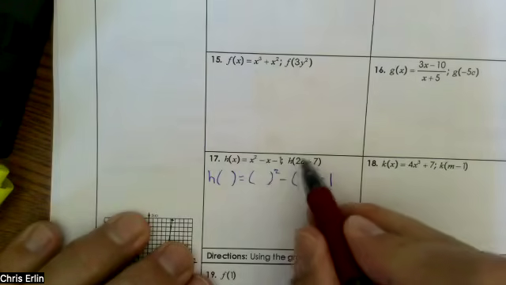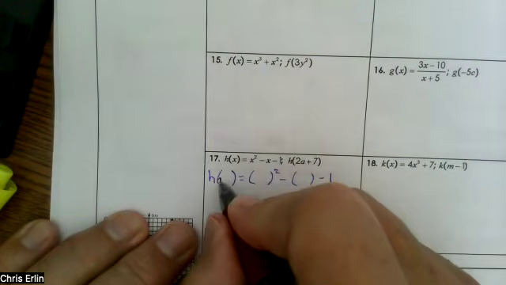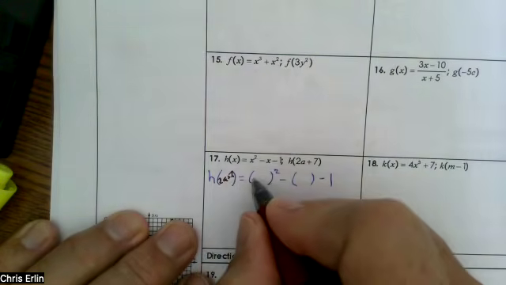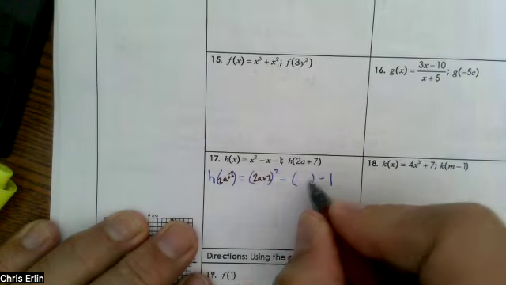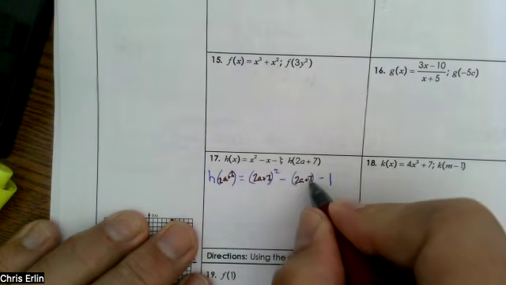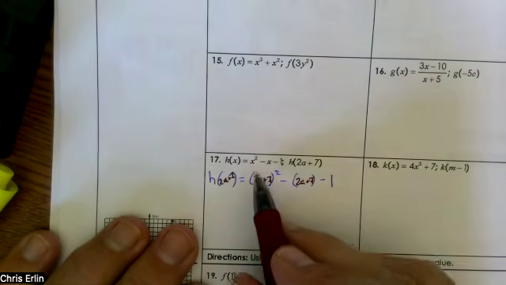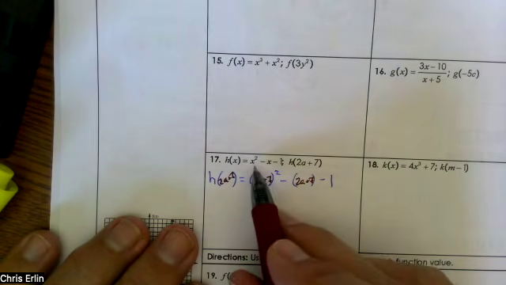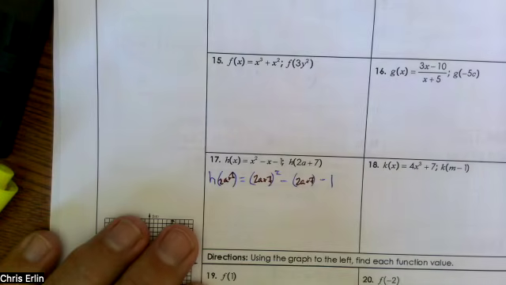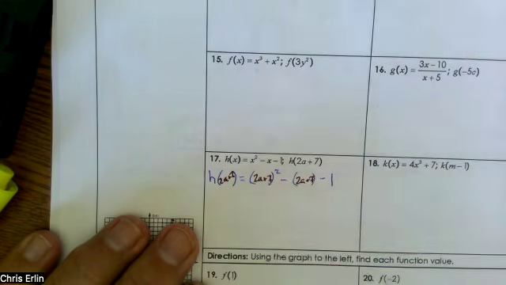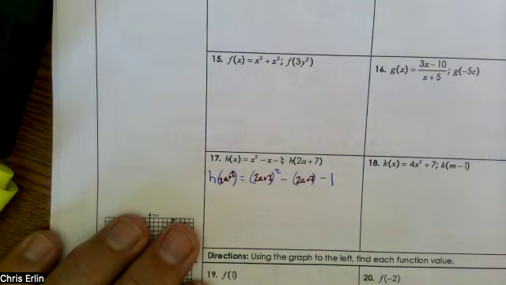And then you say, okay, if I'm going to plug in 2a plus 7, then I plug in 2a plus 7 here, and I plug in 2a plus 7 here. Most people who do these things and make mistakes end up like multiplying this by 2a plus 7 instead of replacing the x with 2a plus 7. So I recommend you start with those open holes. That makes it easier.